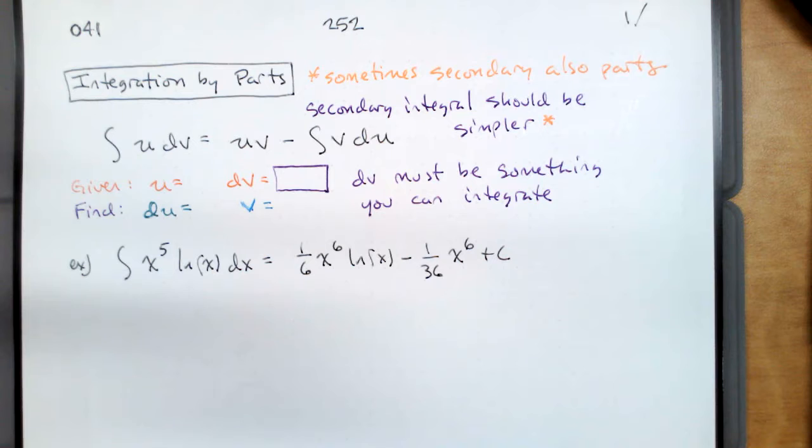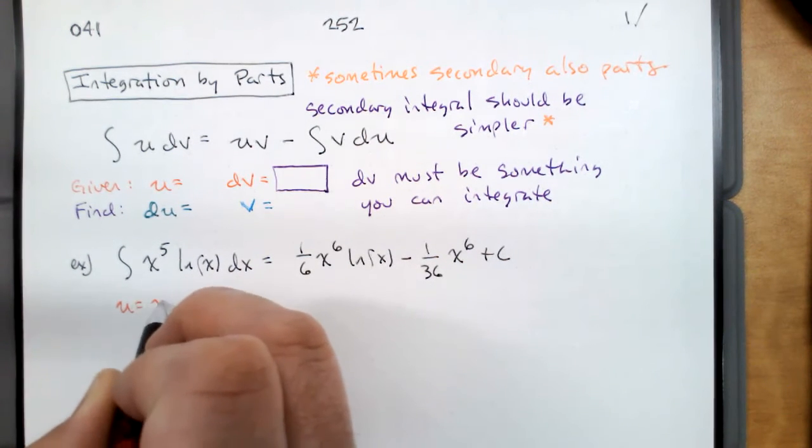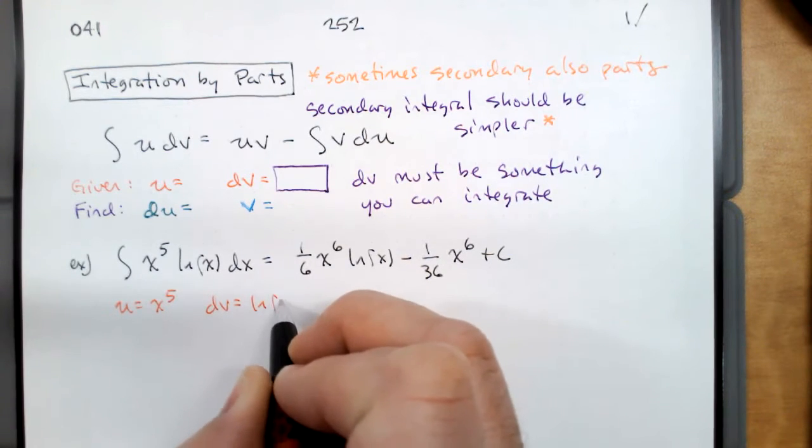The first time we tried it, we put u as x to the 5th and dv as natural log of x dx, and that stopped us because we did not know the antiderivative of natural log of x.